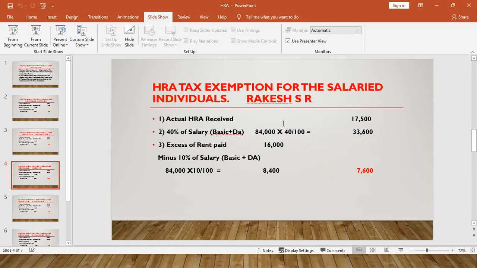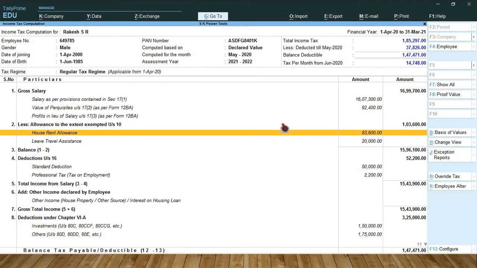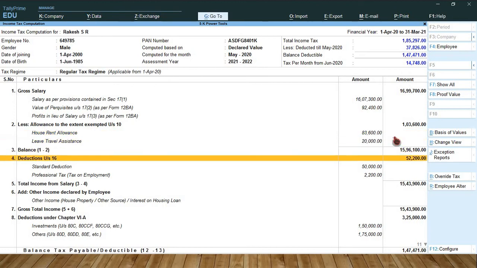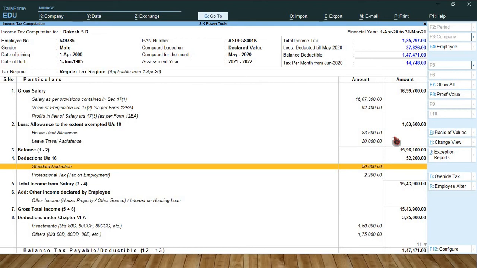Excess of rent paid 16,000 minus 10% of salary 8,400. 16,000 minus 8,400, that is 7,600. 7,600 into 11, the total is 83,600. So LTA 20,000, standard deduction 50,000.